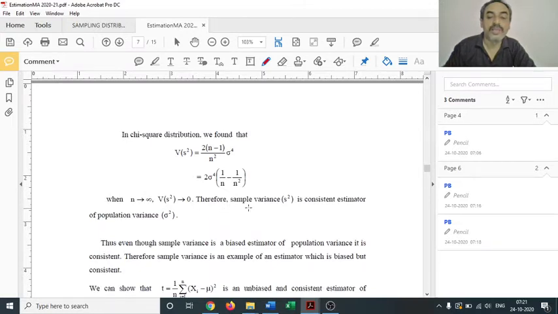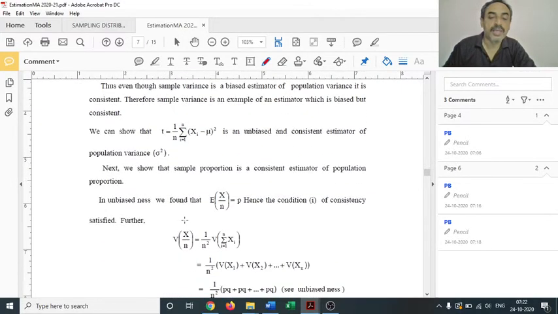Thus sample variance is a consistent estimator of population variance. So in the second elimination round, this sample variance is in. In the first round, that is of unbiasedness, it was out. It was only asymptotically unbiased. So sample variance is an asymptotically unbiased and consistent estimator.